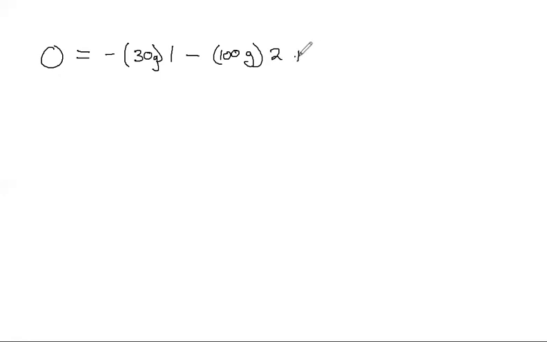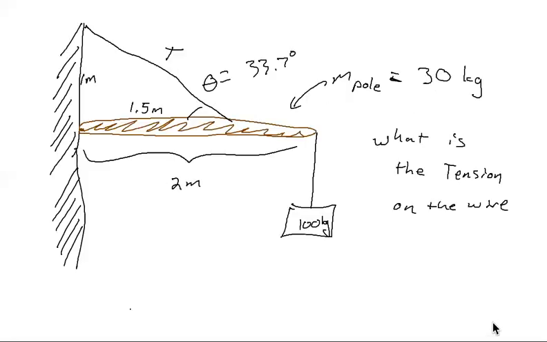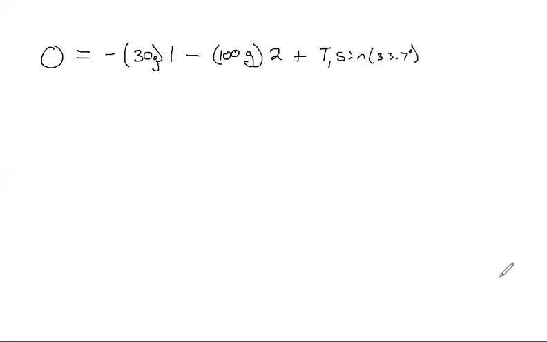And then I get plus the unknown tension 1 times the sine of 33.7 degrees. That's the perpendicular part of the force, times the lever arm associated with the tension. That's a 1.5 meter amount. And I can turn all this around and solve for T1.